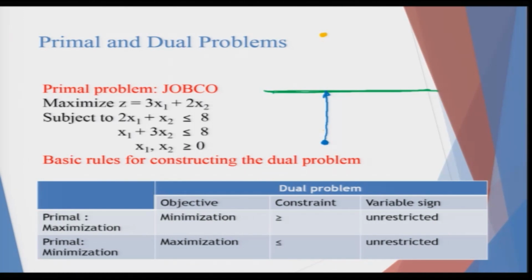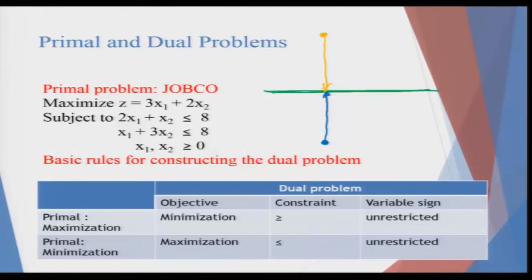Now, remember the decision variables in the maximization problem need not be the decision variables in the minimization problem. In the minimization problem I consider another set of decision variables, but they have a relationship.